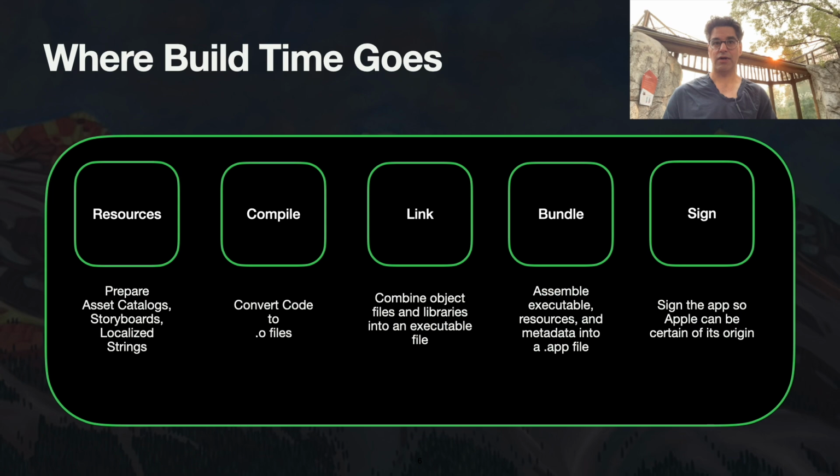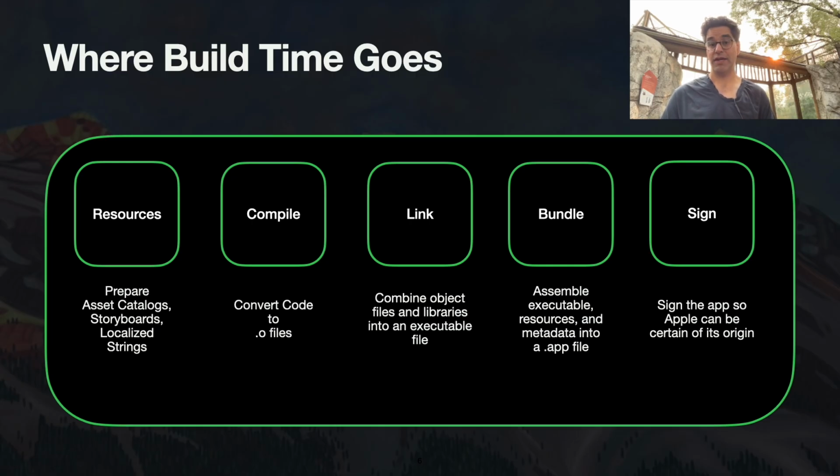These object files are in a format called Mach-O, and they have inside them binary code that can be run on the Apple platforms that we have. Those binary files, those O files, or object files, are then linked into an executable file, and that executable file is the one that can actually be run on the platforms.